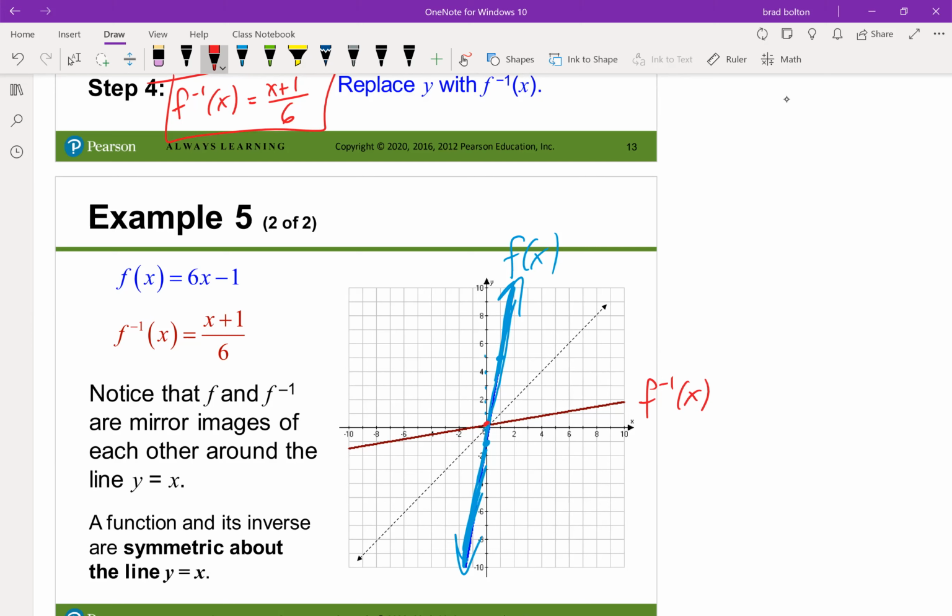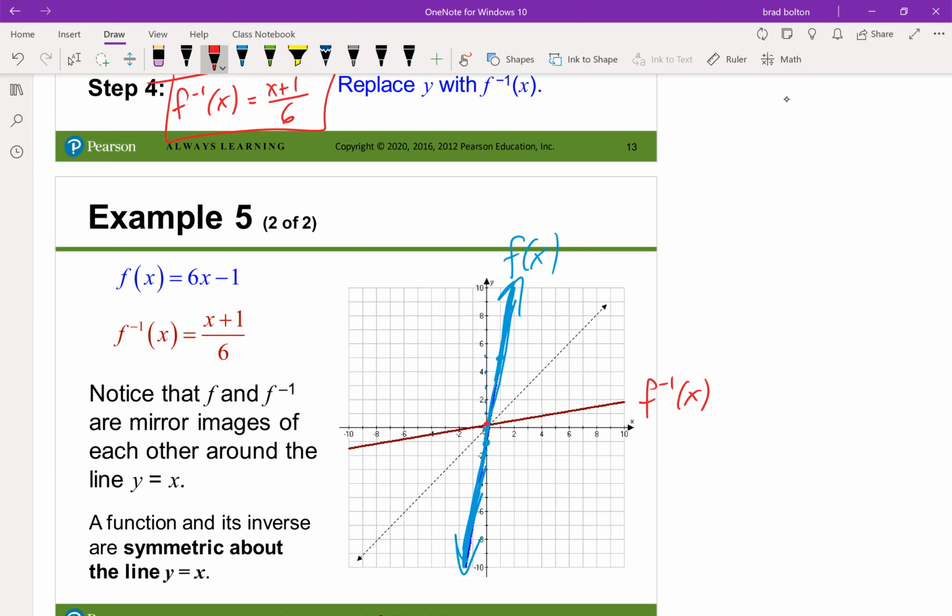Now notice they are reflections or mirror images of each other across this line right here in the middle. This line, y equals x, reflects these two graphs across each other. This is a special relationship between inverses and their original function. Functions and their inverses always have this relationship: they will always be reflections across the line y equals x, always.